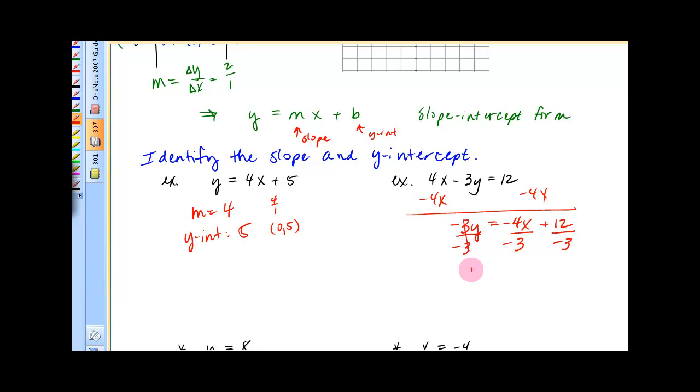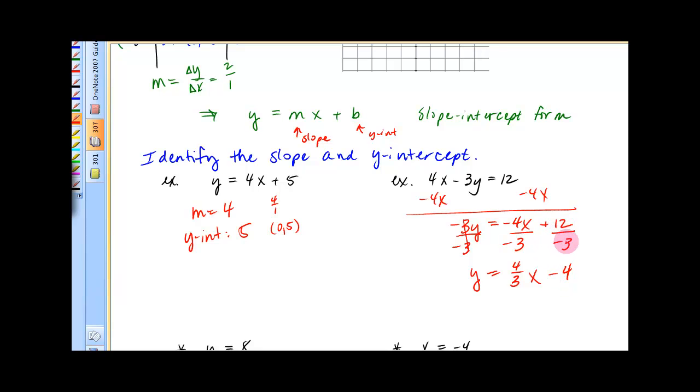When I do that, I get y is equal to negative 4 divided by negative 3. In this case, I want to leave it just like it is as a fraction. A negative over a negative gives me the positive, so I'm going to leave it like that, x. And now positive 12 divided by negative 3 is negative 4, which is where I get this negative from.